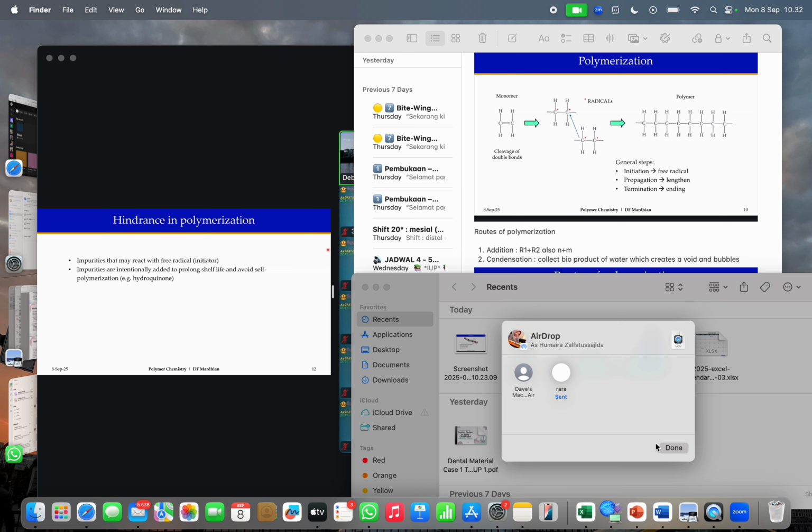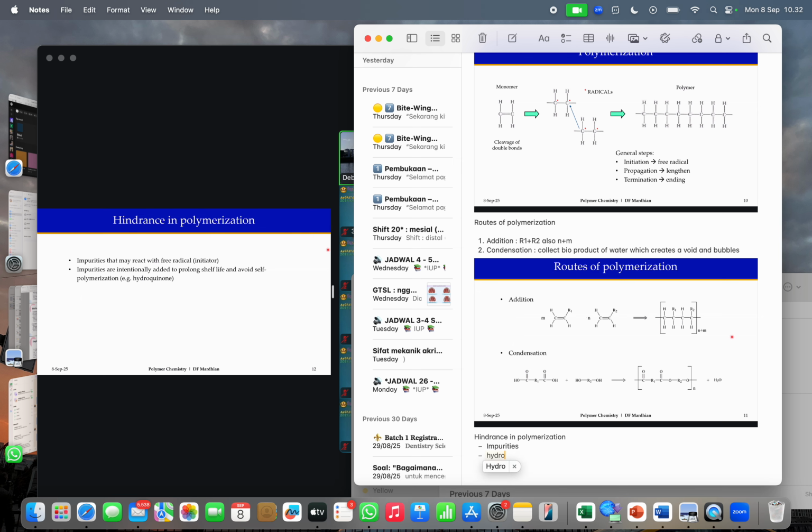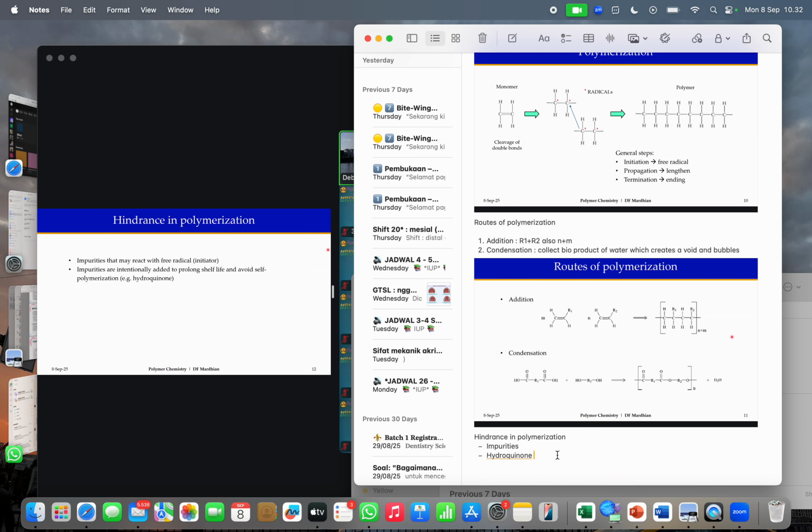For example, hydroquinone here is used to inhibit self-polymerization. Some polymers can undergo self-polymerization because of their shelf life; they will react by themselves without any initiation.